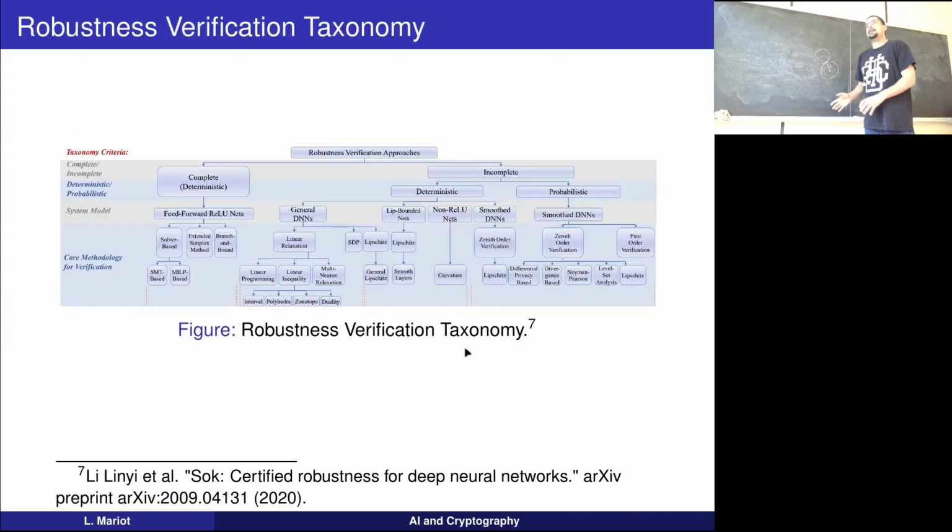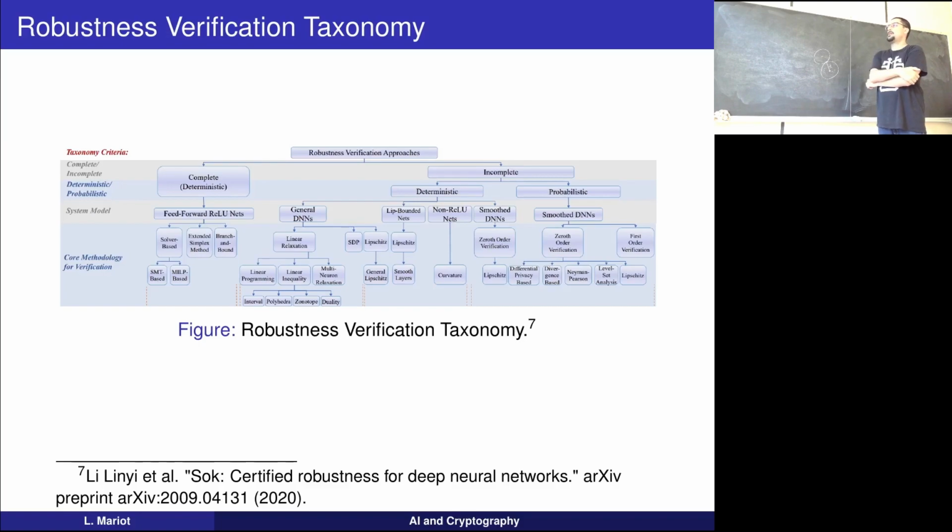So again, as in the case of the attacks with adversarial examples, what we called evasion attacks this morning, we saw that there is a large taxonomy of works in the literature that are coming up with new evasion attacks every time. Here we have a similar situation with robustness verification. There are a lot of works that are based on different premises, on different hypotheses.